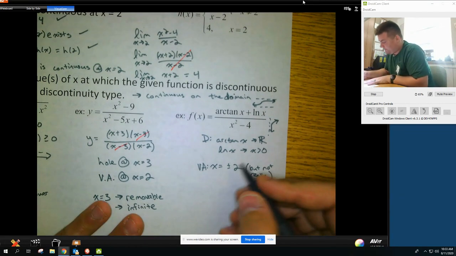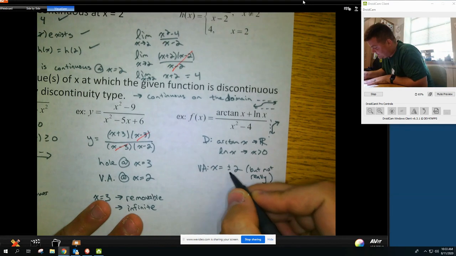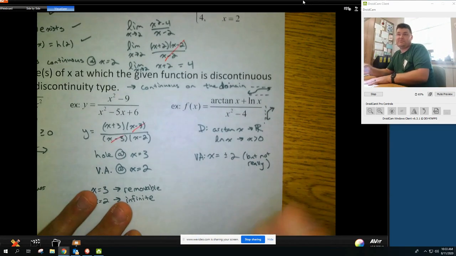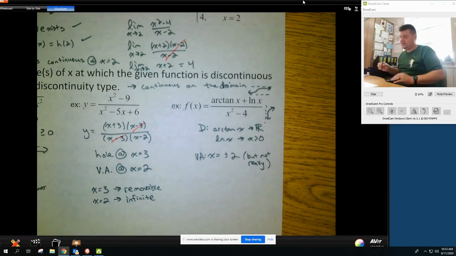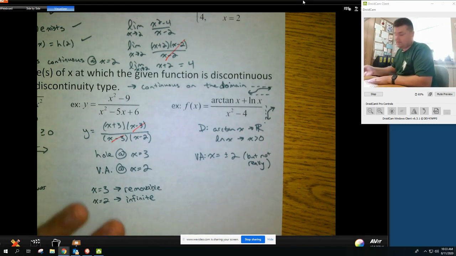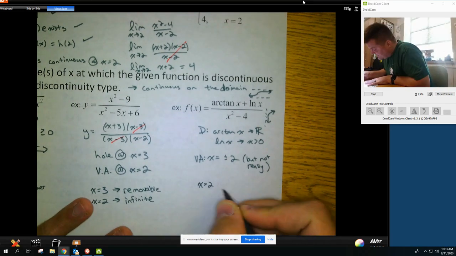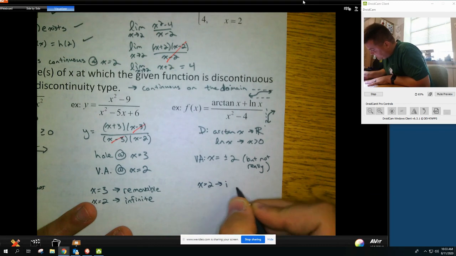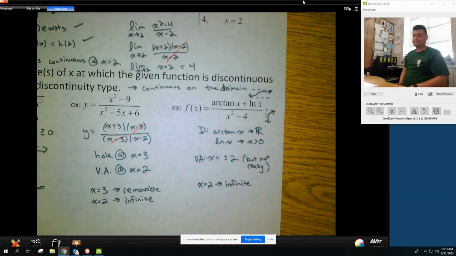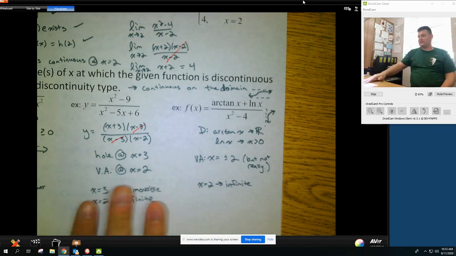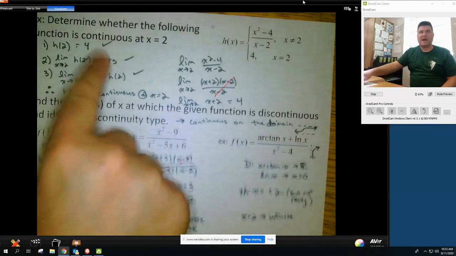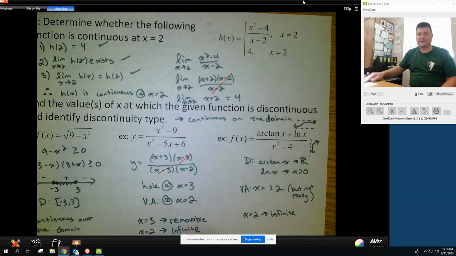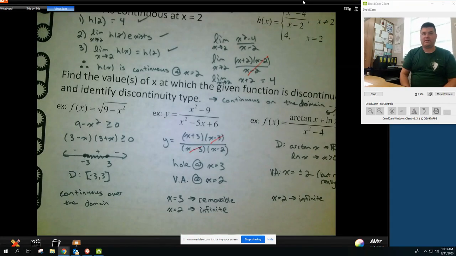So we only have the positive 2, not the negative. Okay, so if you have a pencil, you would just erase it. I don't, because you can't see pencil on my recordings. So we only have x equals 2, and that is going to be infinite. These are my discontinuities. All right, and that wraps up finding continuities up there, discontinuities down there, and that wraps it up.